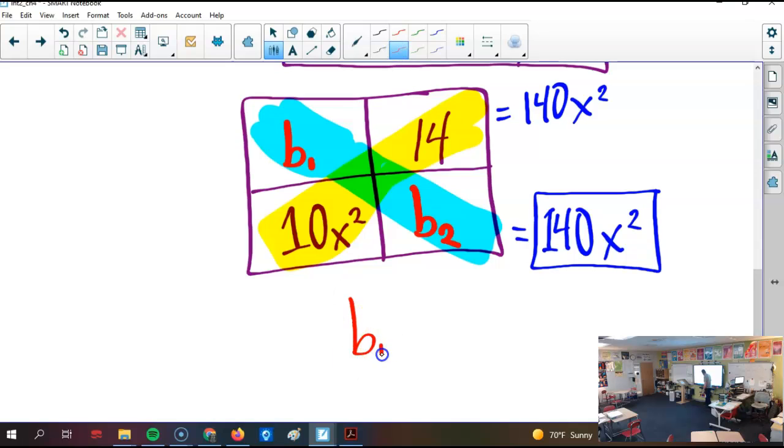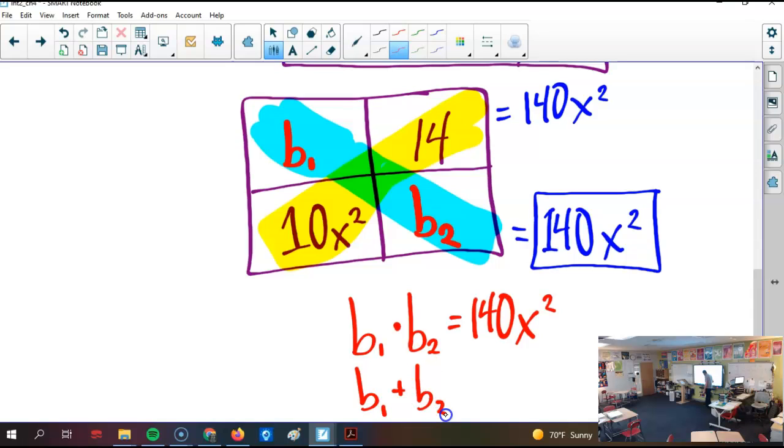They have to sum to negative 39x. So B1 plus B2 equals what now? Negative 30. So then you could do those diamond.